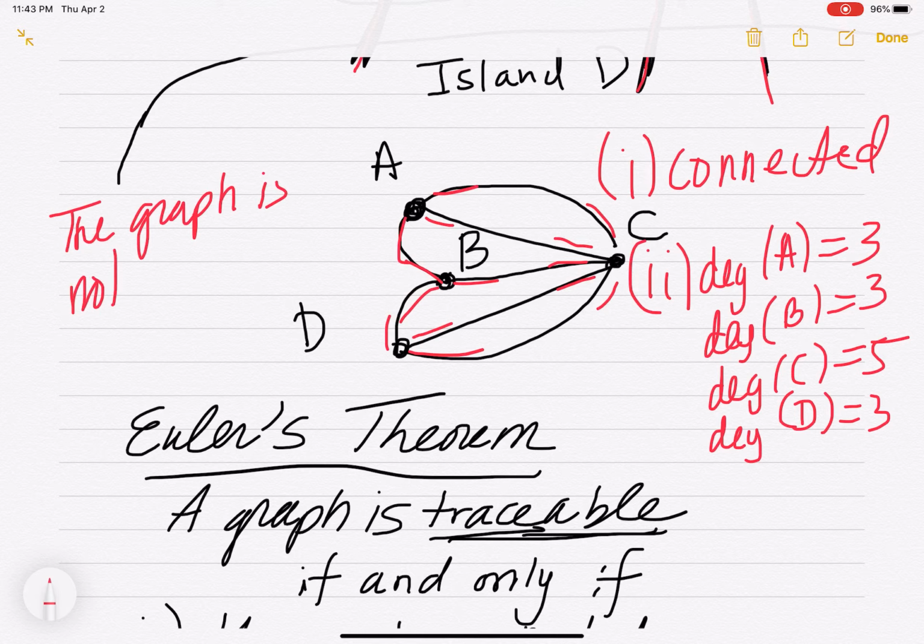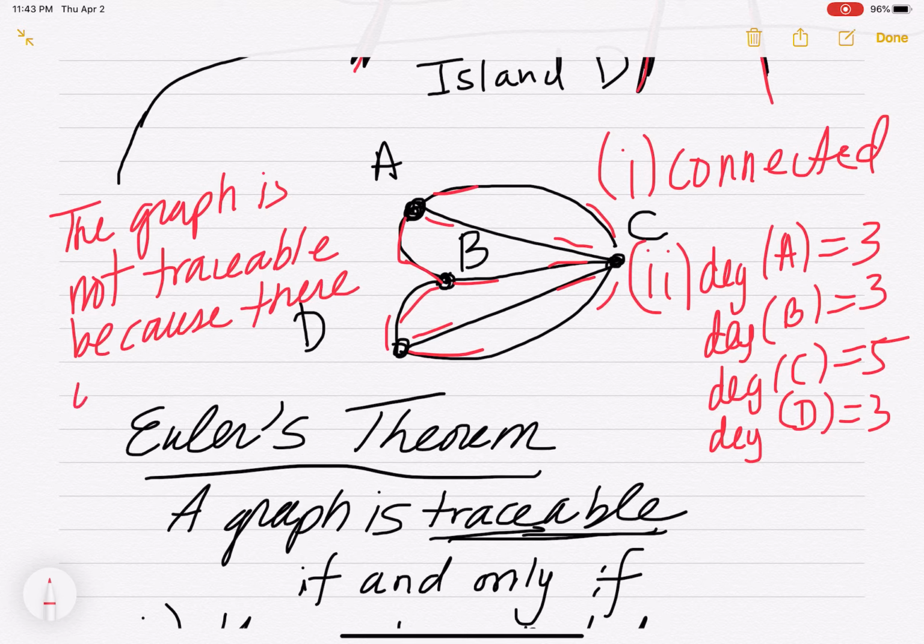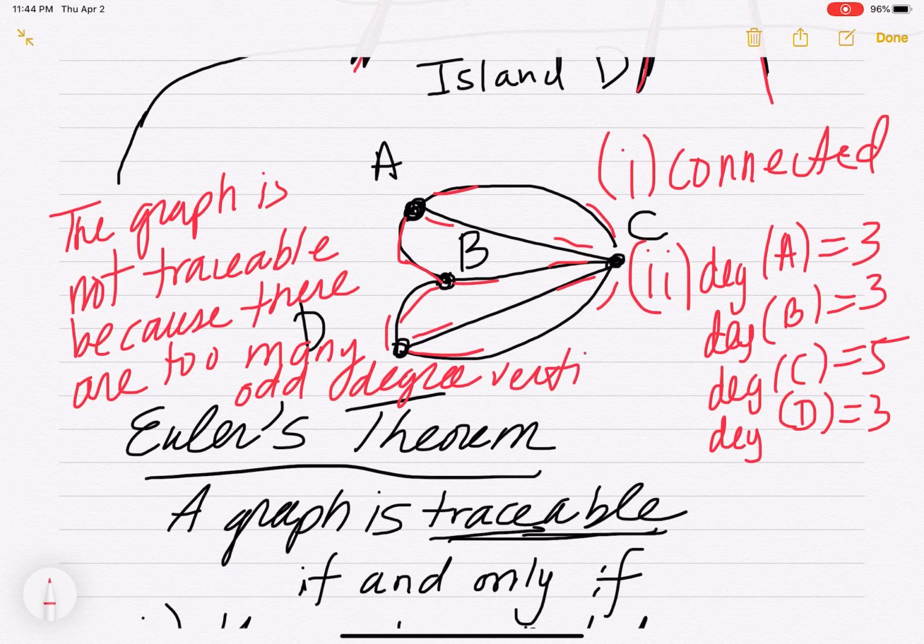Not traceable, because there are too many odd degree vertices. Okay.